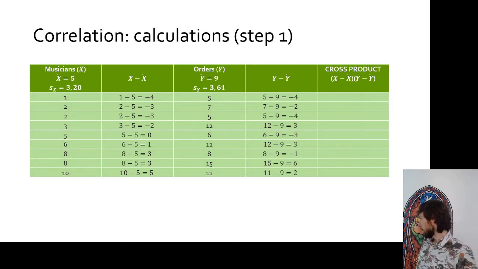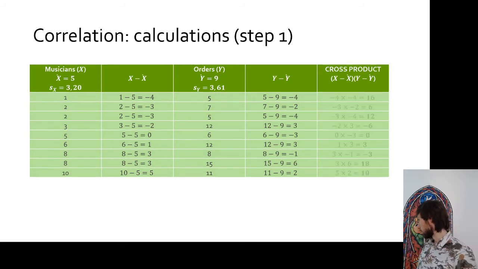The next step is to multiply those deviations from the mean by one another. So you multiply for the first person the minus 4 that they had. They were minus 4 below the mean on the first variable, and then they were also 4 below the mean on the second variable. We multiply those deviations in order to get what is known as a cross product.